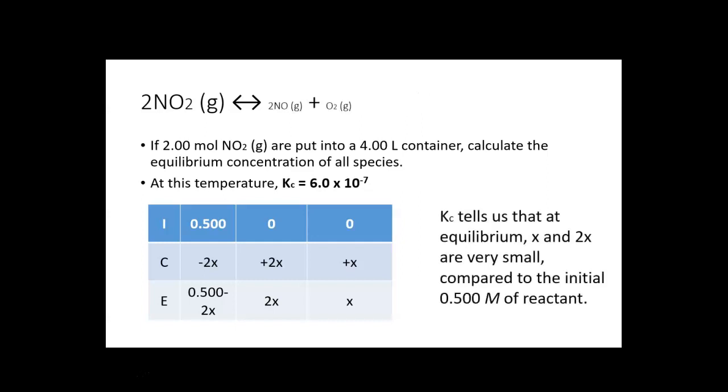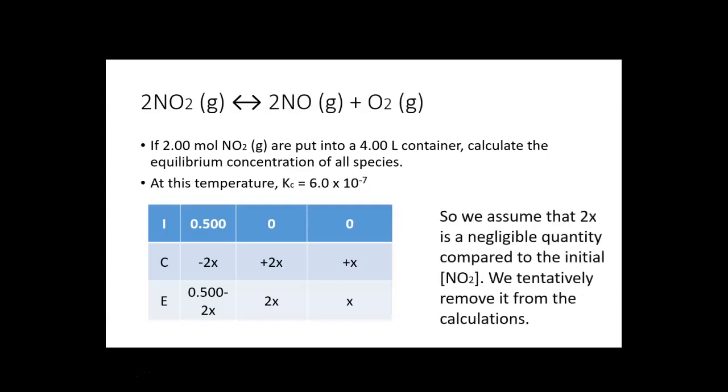Kc tells us that at equilibrium X and 2X are very small compared to the initial 0.5 of the reactant. So we're going to assume that 2X is a negligible quantity compared to the initial NO2 concentration. And you should state this in an FRQ in your solution to the problem. Write it out.